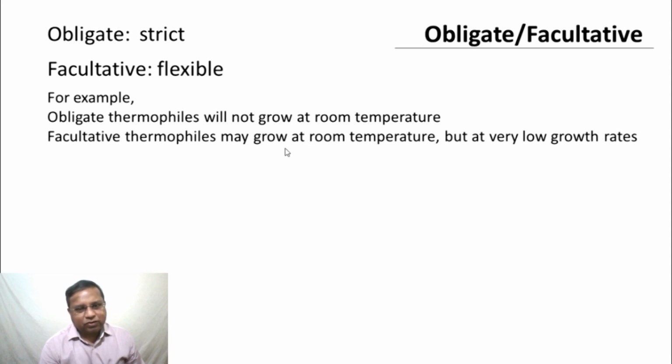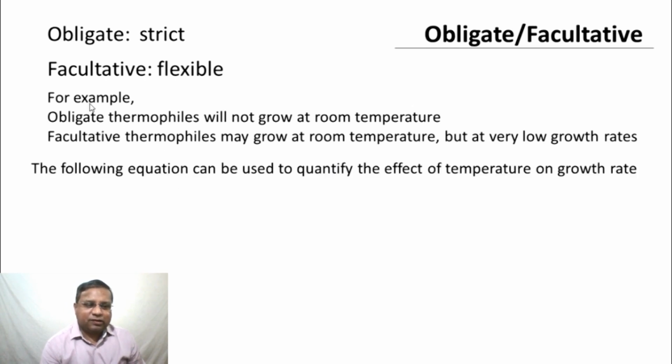They'll still grow, but their growth rate, of course, will not be the optimum. That will be much lower than the optimum, but they will at least grow. Okay, so they are somewhat flexible. They can adapt to the lower temperature conditions, or they can multiply under the lower temperature conditions, but at much slower rates.